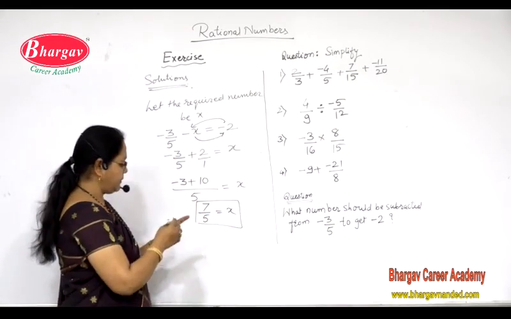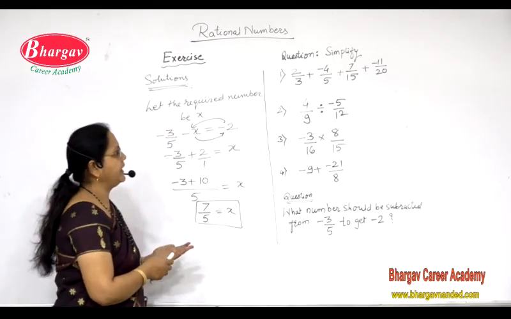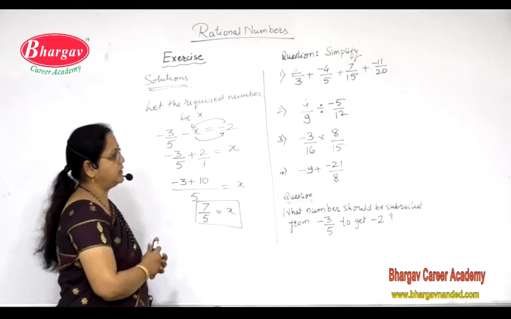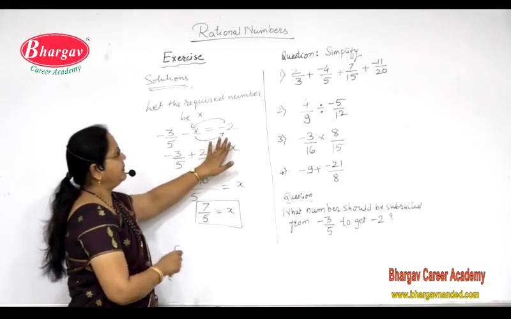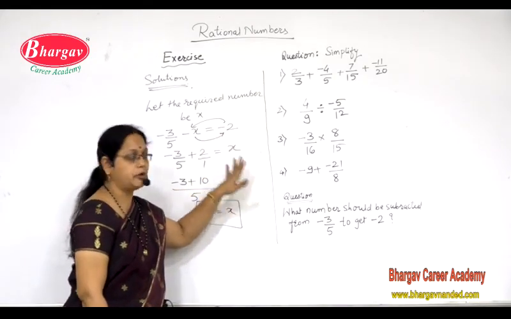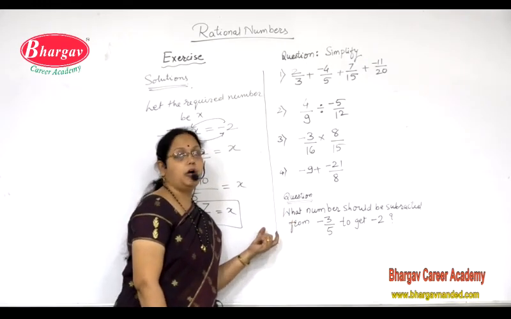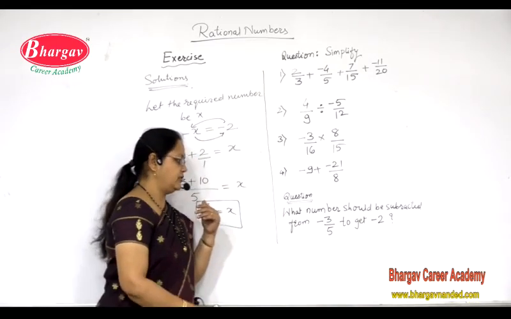So such type of examples will be there in your exercise. Either you have to simplify using the BODMAS rule whenever you are having more than one operation. Such examples are not actually included in this list, but you may perform more than one operation in a single expression using the BODMAS rule, or you may have such type of word problems based on the operations addition, subtraction, multiplication, division of rational numbers.